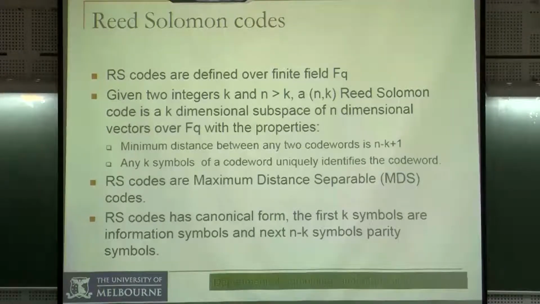A finite field is just like the real numbers or complex numbers, except that the alphabet size is finite, whereas in real numbers the alphabet size is infinite. That means the properties that you ascribe for real numbers and complex numbers are applicable to finite fields as well, except that in the finite field they're all finite.